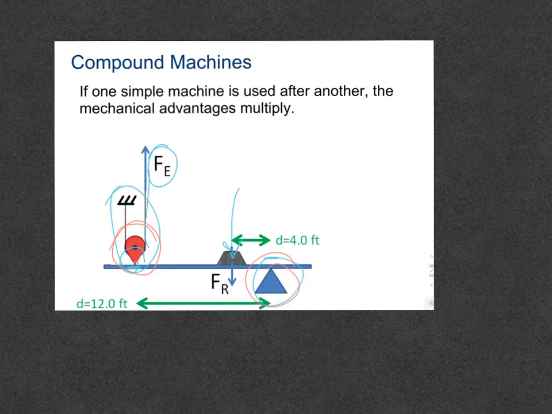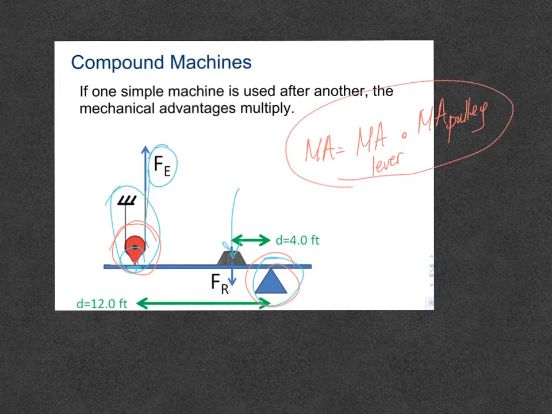If you want to calculate that mechanical advantage, you're going to multiply the mechanical advantage of the lever times the mechanical advantage of the pulley. And that's going to be the mechanical advantage of your system as a compound machine.